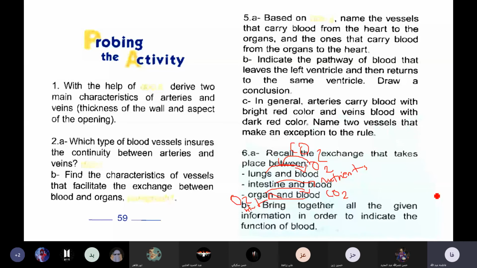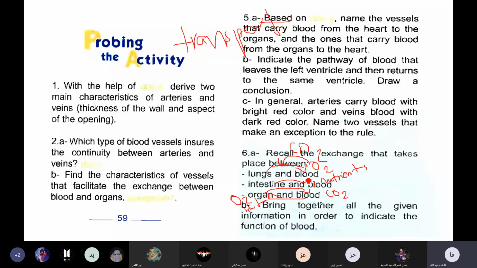What role is the blood playing? A means of transport. Bravo, excellent. So blood just transports. It takes oxygen from the lungs, takes nutrients from the intestine and delivers them to the organs, and takes CO2 from the organs to the lungs. So it's just transporting.